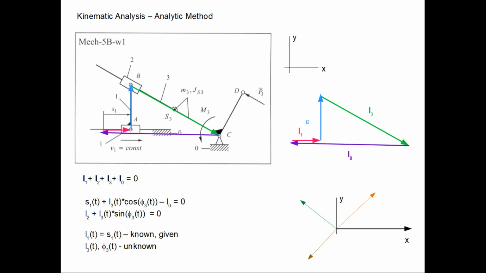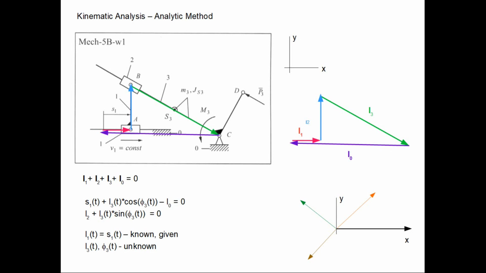So let's see what is known, what is unknown. So first of all, L1. This vector represents the motion of the driving link, so the direction is fixed, and also we know the magnitude of this vector as a function of time, because we assume that this is given to us. L1 is L1 as a function of time. L2 is a fixed vector, both in the magnitude as well as in the angle.